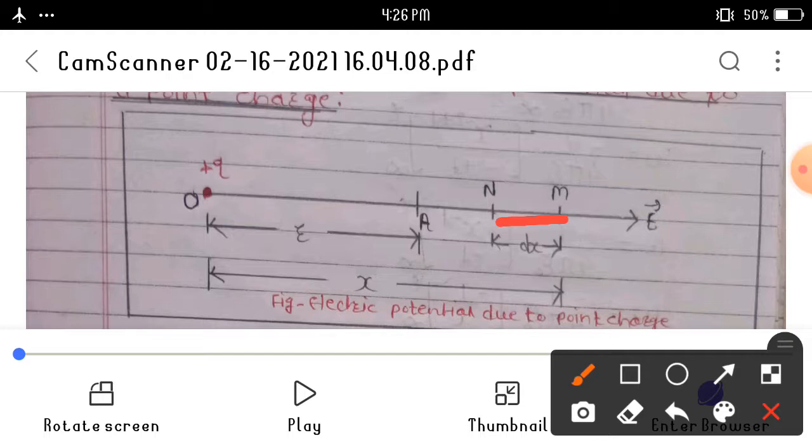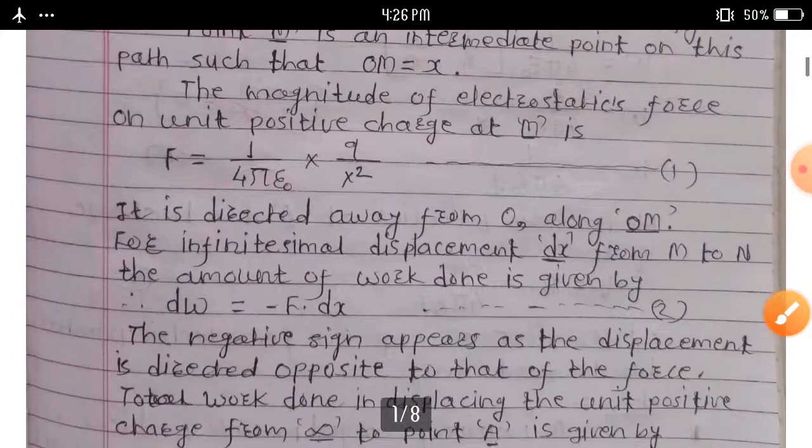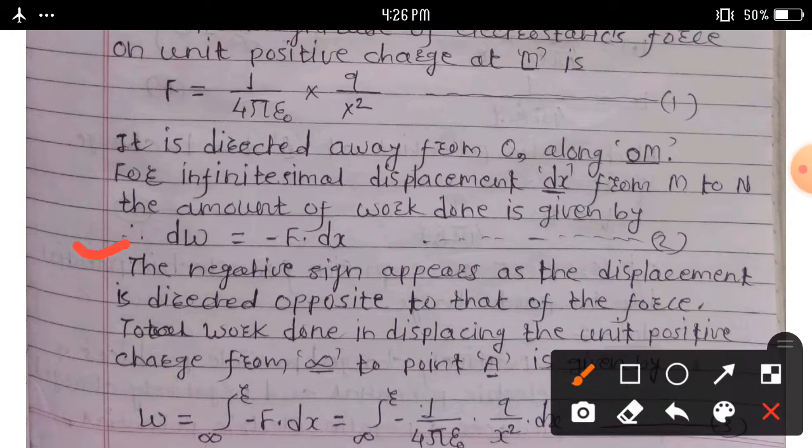The amount of work done is given by dW is equal to minus F into dx. Here the negative sign appears as the displacement is directed opposite to the direction of force.